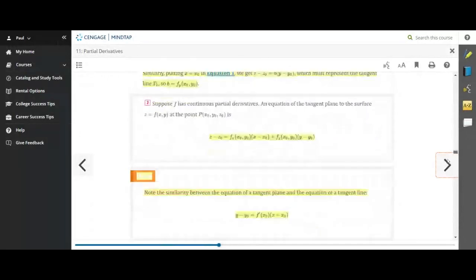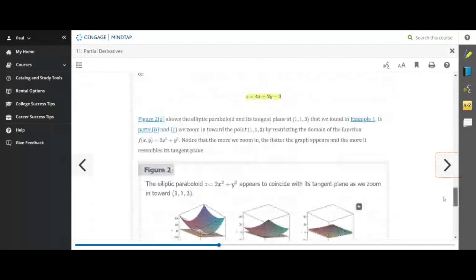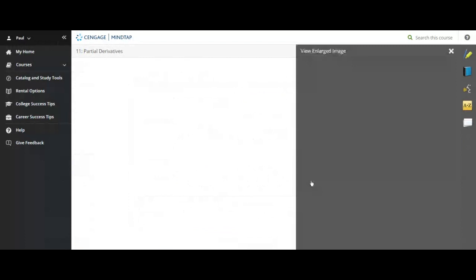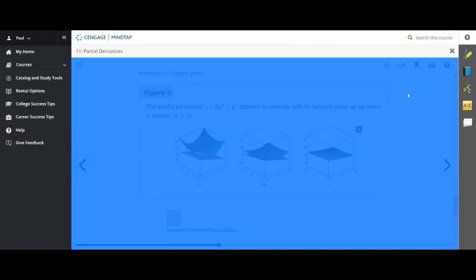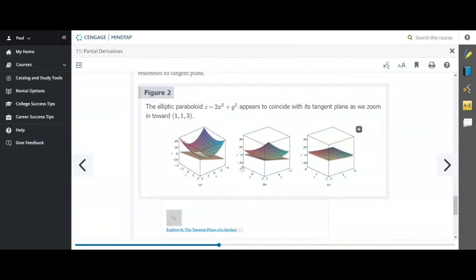Okay, and so to see this, here they have in figure 2 an elliptical paraboloid, and this actually goes with the first example, but I just wanted to show you.